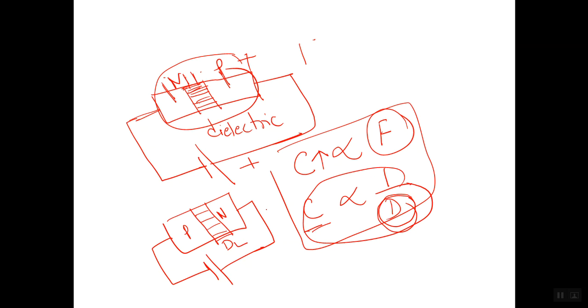In reverse bias condition the capacitance becomes less, and this type of capacitance is called transition capacitance.